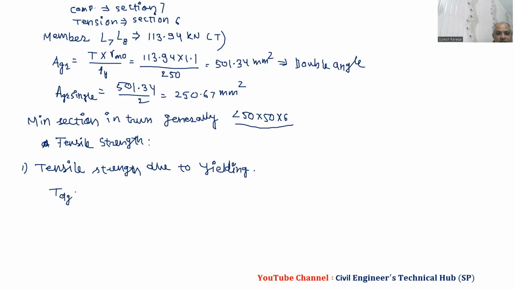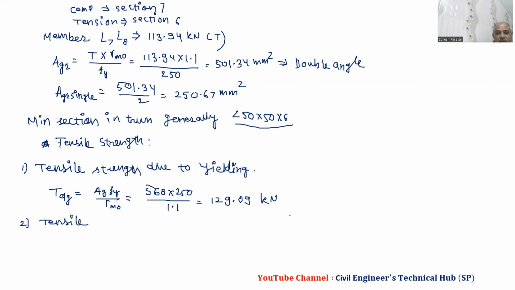So now we have TDG, AG Fy upon gamma MO. AG we have 568 into 250 divided by 1.1, and this comes 129.09 kilonewtons.